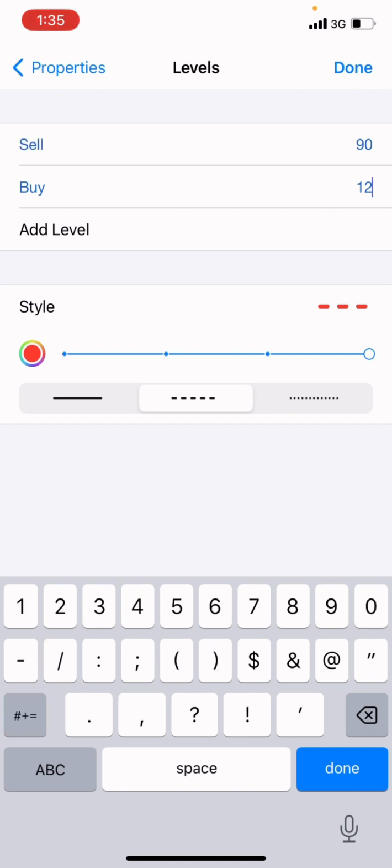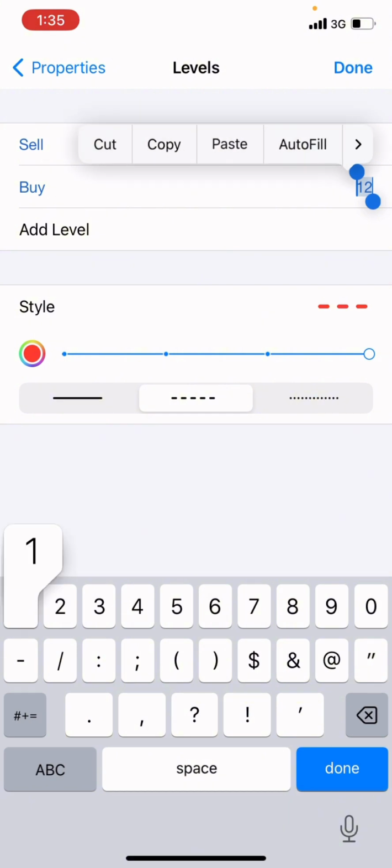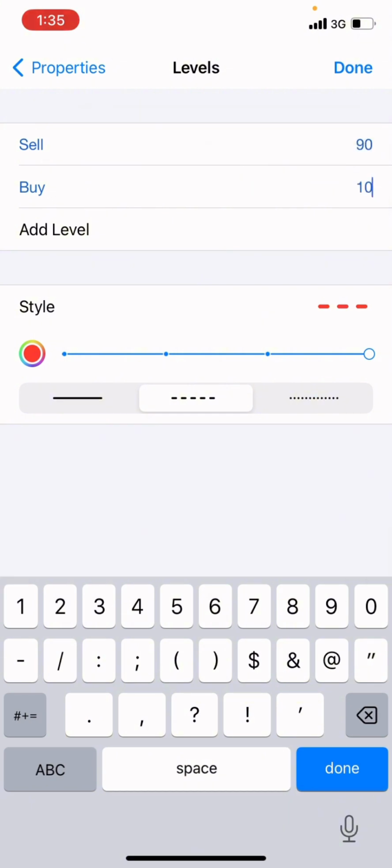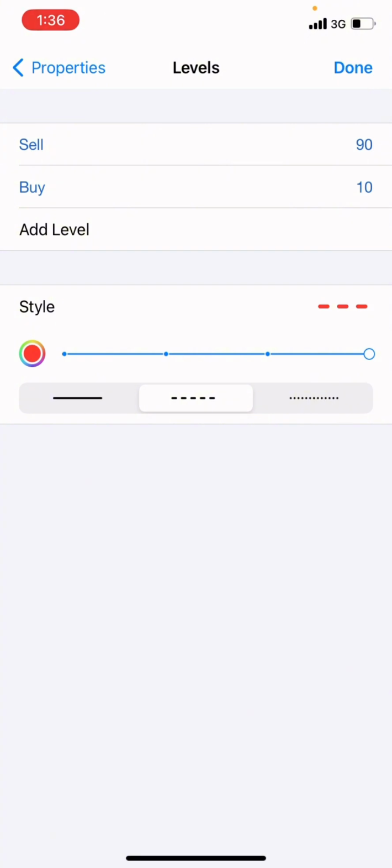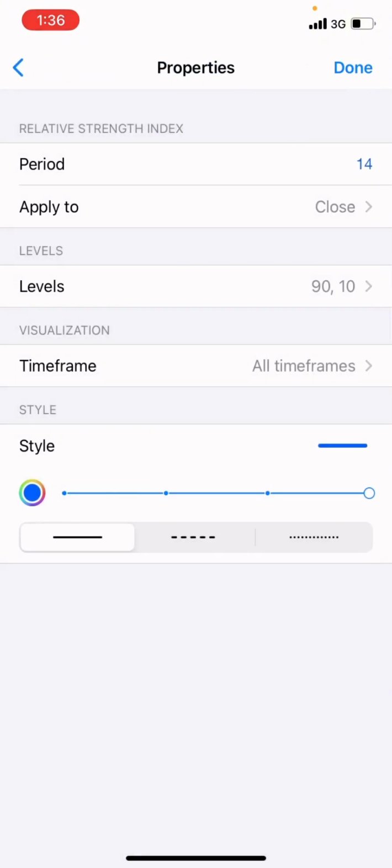The level you put here at 10, you put buy. Then the style, you put it on 4 pixels, then you click on done right here. The style right here, you put it on 4 pixels, and you put the color on blue. For the levels, you put the color on red, then you click on done.